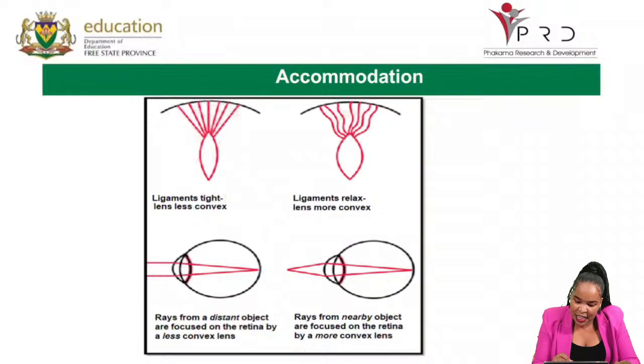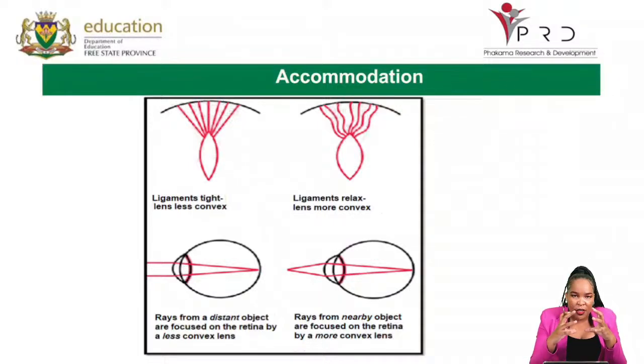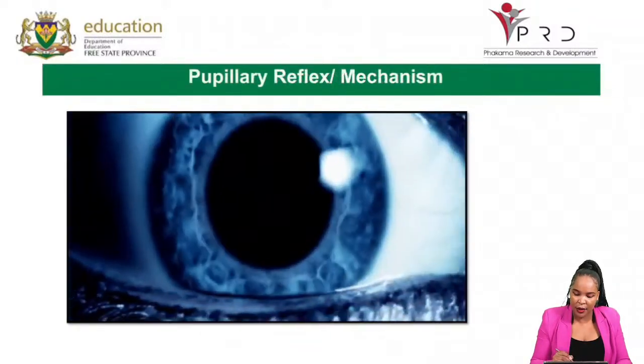But when the suspensory ligaments become slackened, on the right there at the top, the lens becomes more convex. So I hope you see how the ligaments are working.